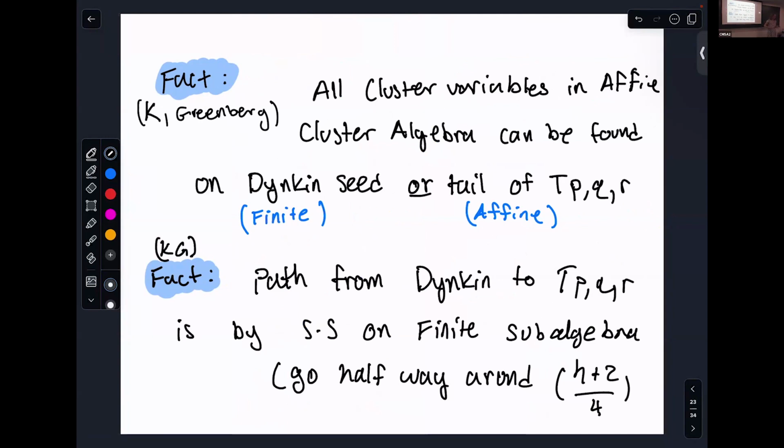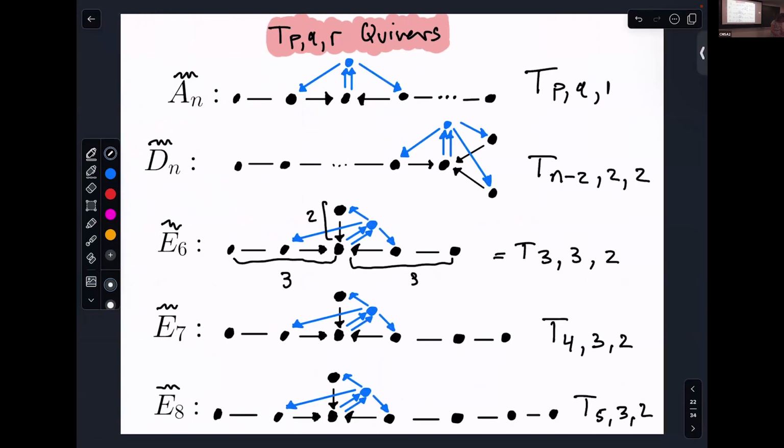In the affine cluster algebra, they can either be found on a Dynkin seed, and I'll call those finite cluster variables, or they can be found on the tail of a TPQR, and I'll call those affine cluster variables. So just to highlight what the tails are: everything that doesn't touch the double arrow. So in this case, this is the tail, this is the tail, and this is the tail.